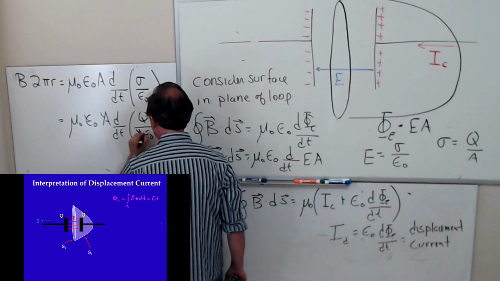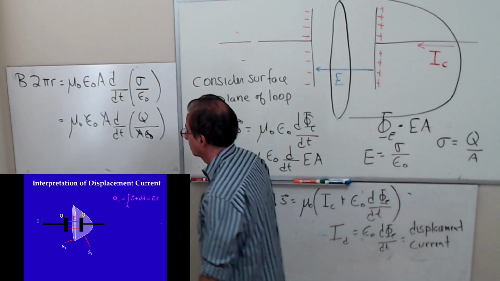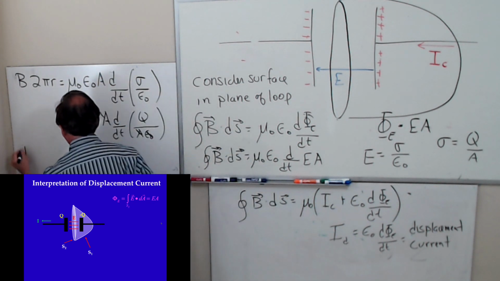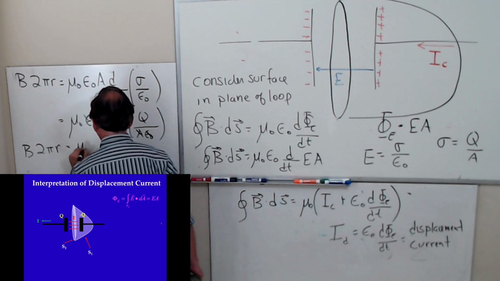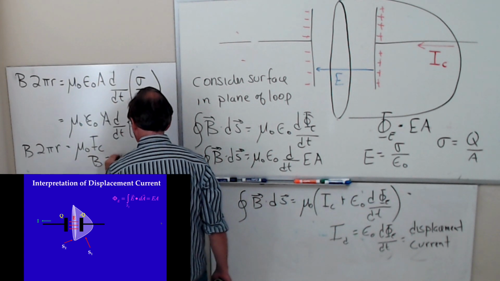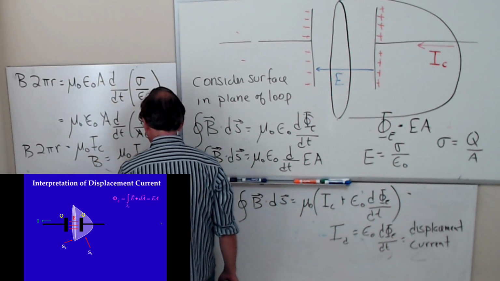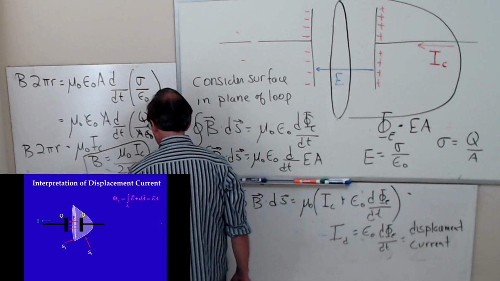The epsilon naughts cancel. What's dQ/dt? Current. And look at that. It works.